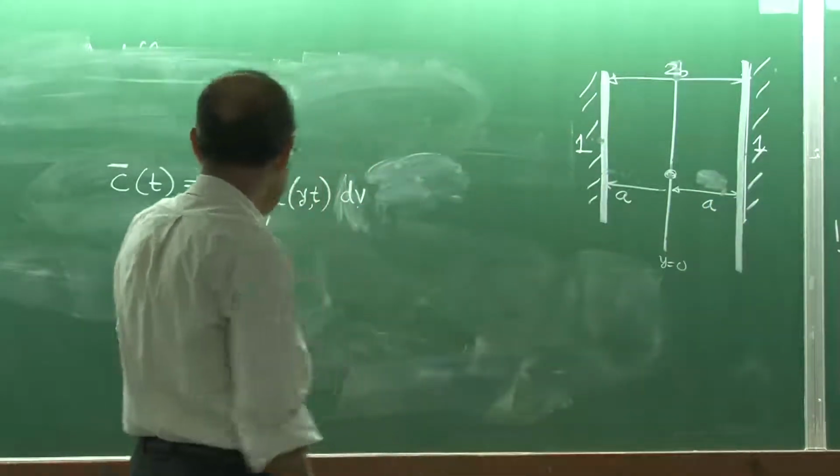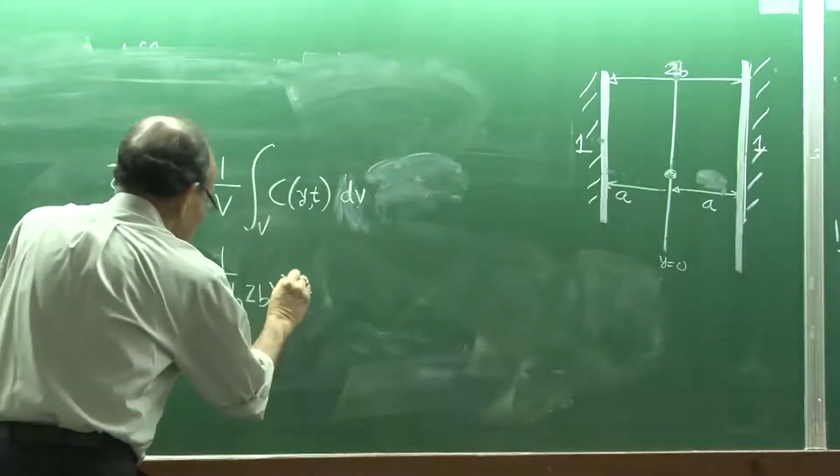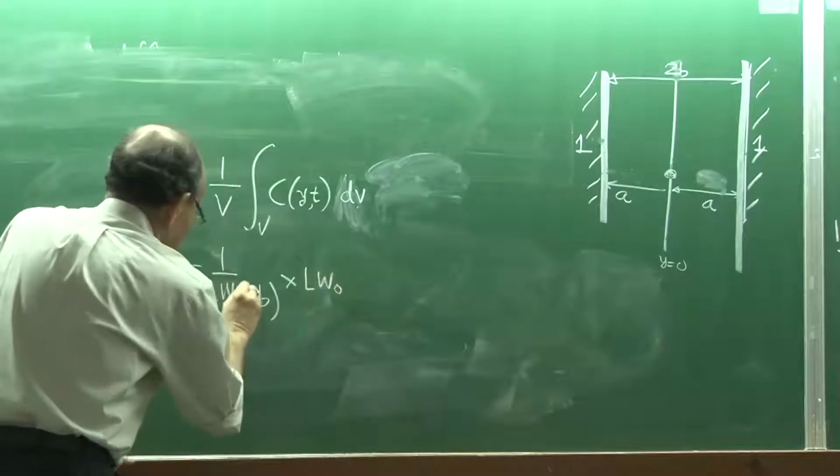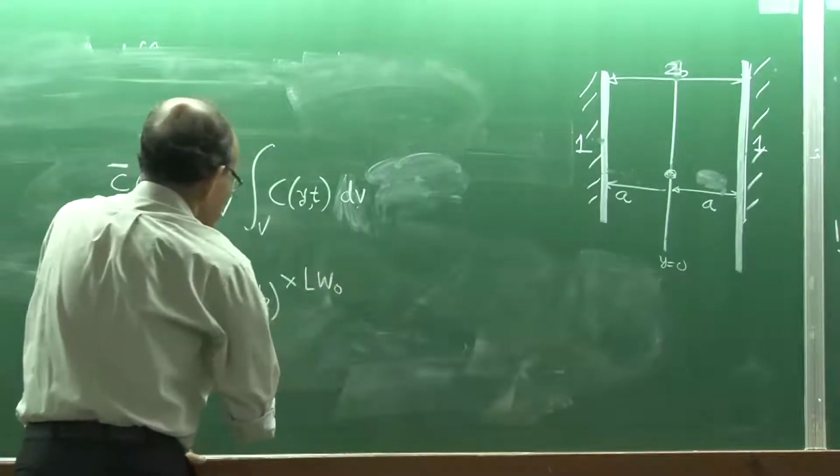So the volume is equal to this, and if I integrate, this will come out to be LW0, and this will cancel out, okay?